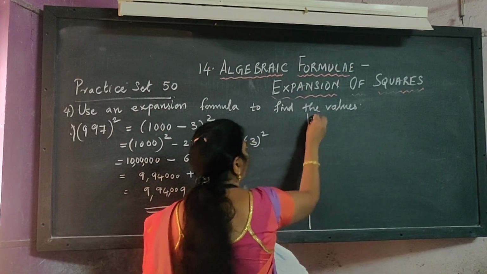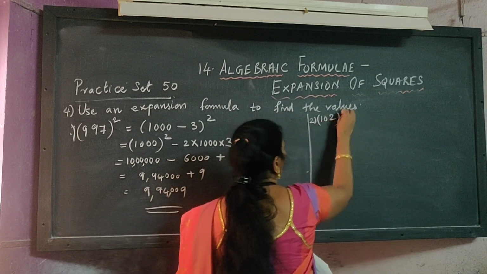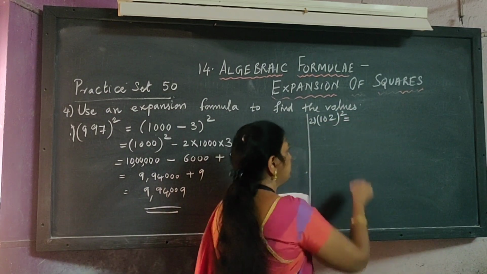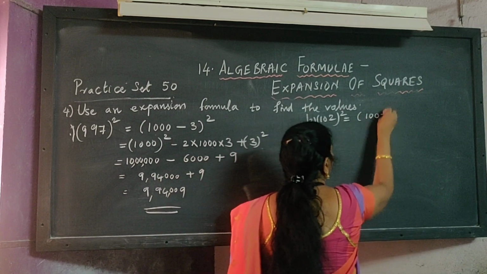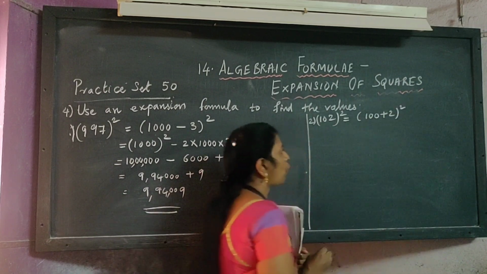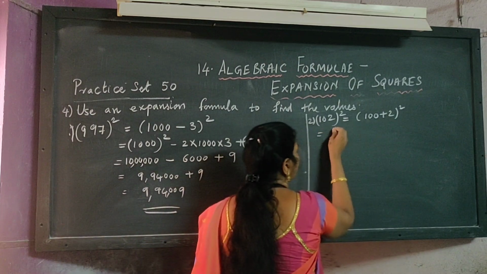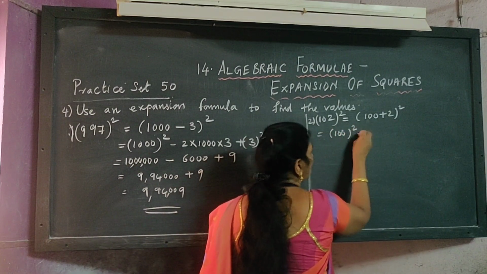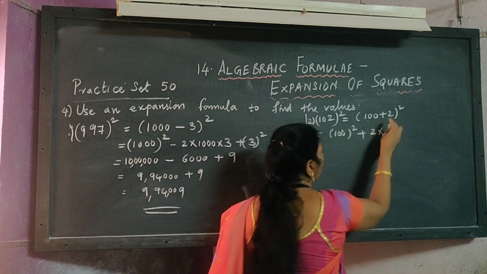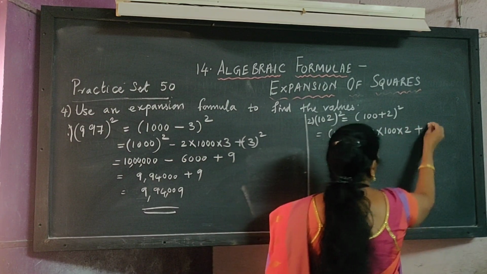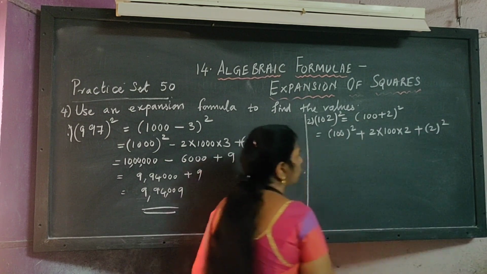Now second sum, 102 the whole square. How will you write 102? 100 plus 2 the whole square. Now this is in the form of a plus b the whole square. So you will get first term square, that is 100 the whole square, plus 2 into first term, that is 100, into last term, 2, plus last term the whole square, that is 2 square.